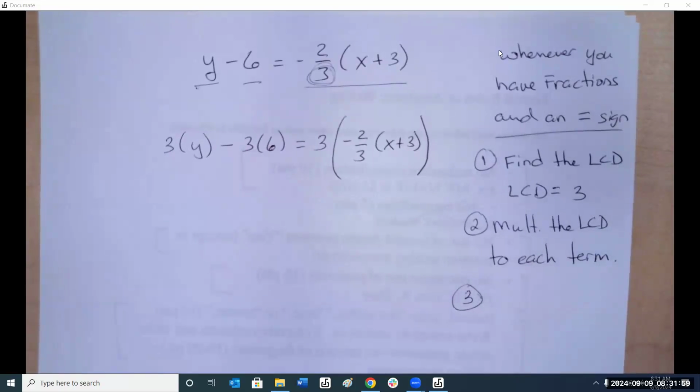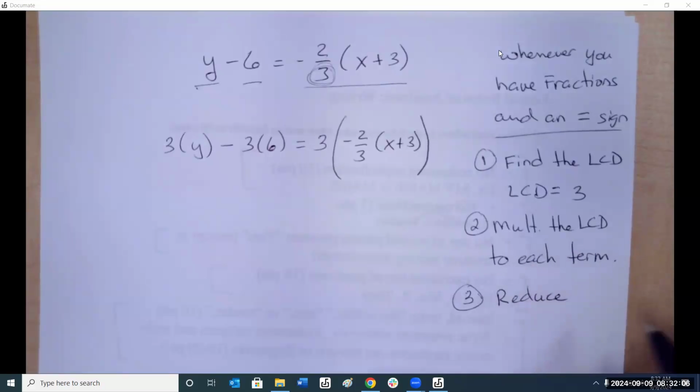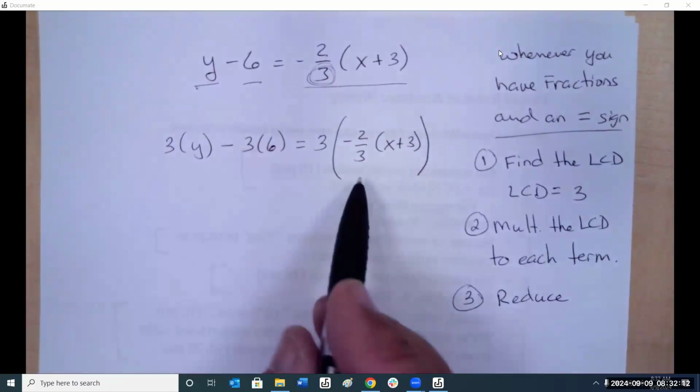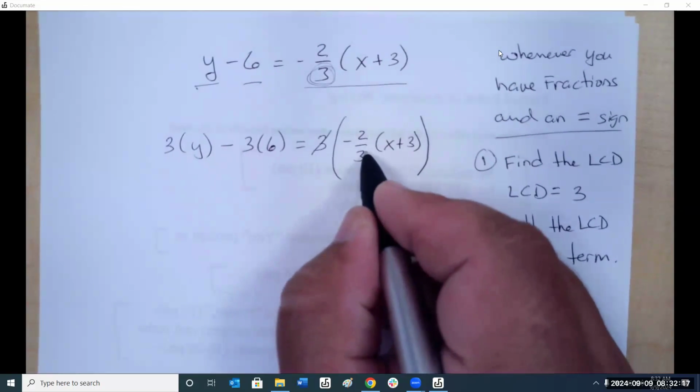Third step. Reduce. Because remember, in order to find the LCD, you have to have a fraction somewhere. The only fraction we have is right here. So this 3 and this 3 cancel.